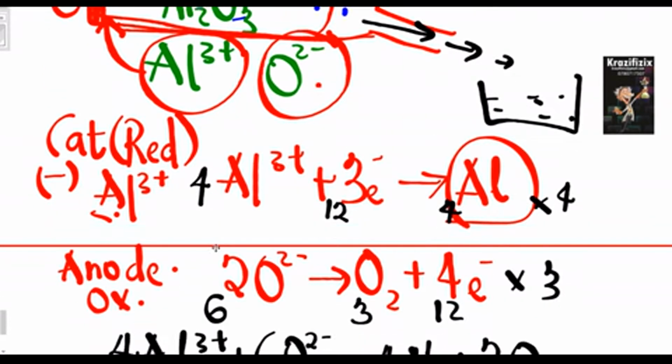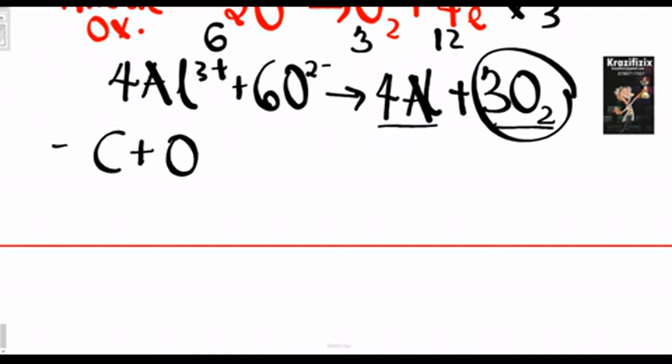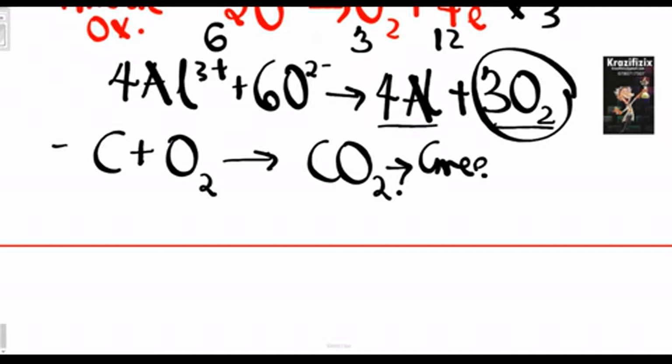Now, finally on this, there are some important things we need to know. Oxygen is being produced at the anode. There's going to be a reaction, and carbon dioxide gas will be produced. And this is a greenhouse gas. And this causes what?